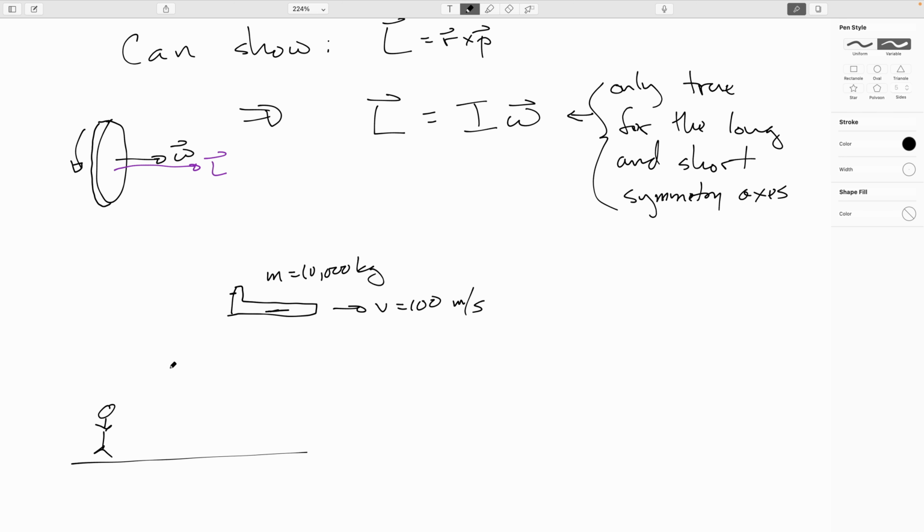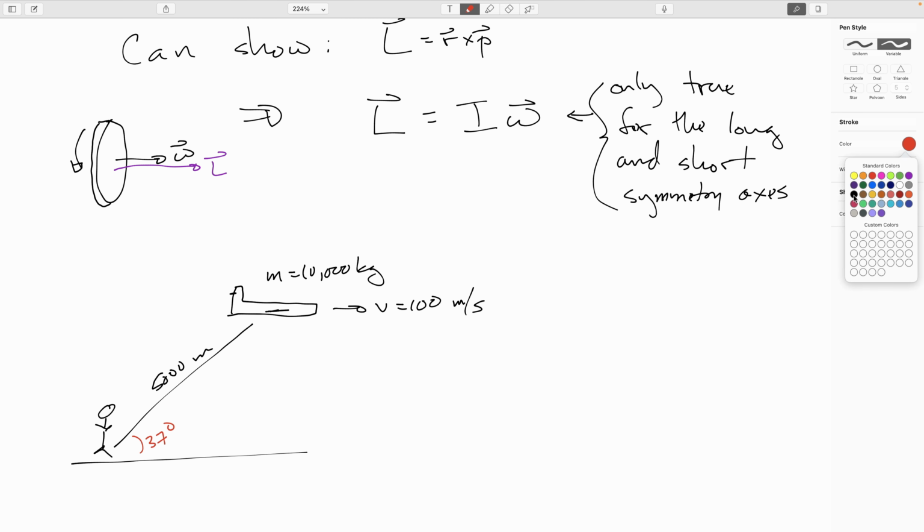We'll also say that I worked out that it was 5,000 meters away from me. Actually, let me just draw the line right to my feet there. It was 5,000 meters away from me, and the angle that we're making right here is 37 degrees.